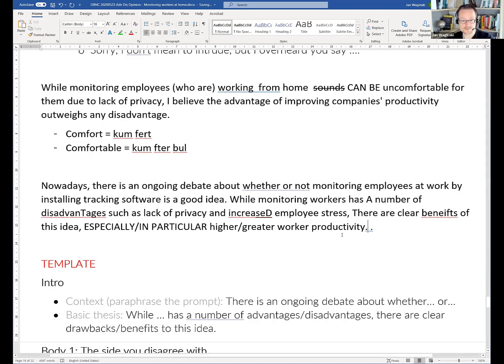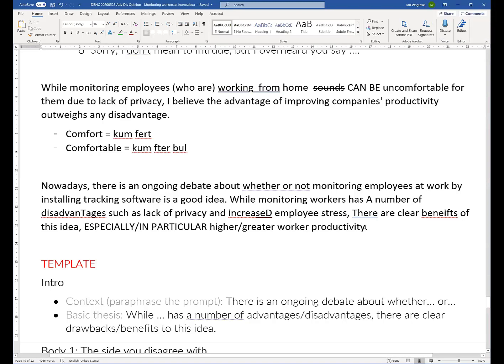So this idea, especially higher or greater work productivity. Okay, nice. Worker productivity, we need to put apostrophe? No. This is a noun phrase, worker productivity. As a result of the COVID-19 situation, worker productivity has declined.